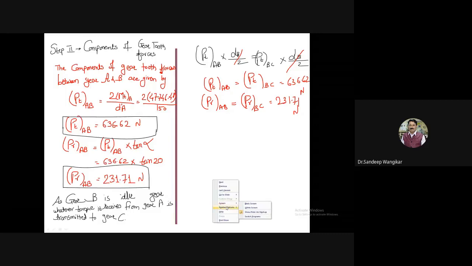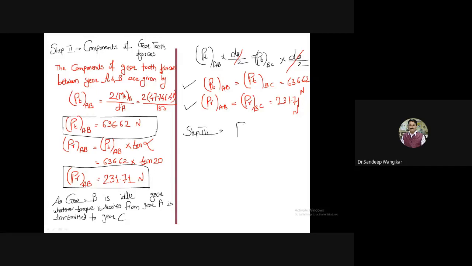So these are the values for PT calculation and PR calculation. Step number 2 over. Now I will mention step number 3, and I will take help of the next slide also.